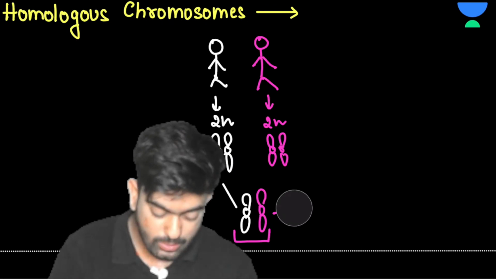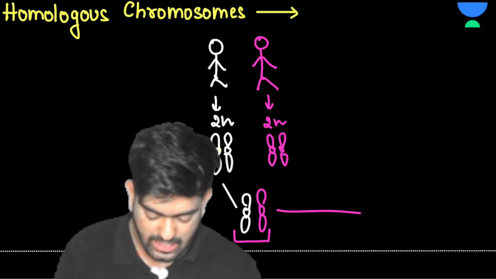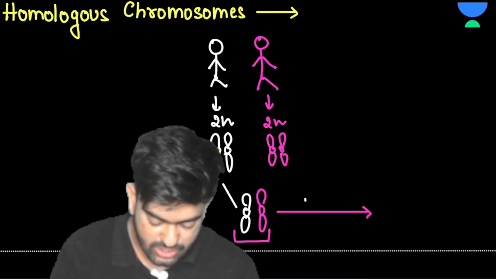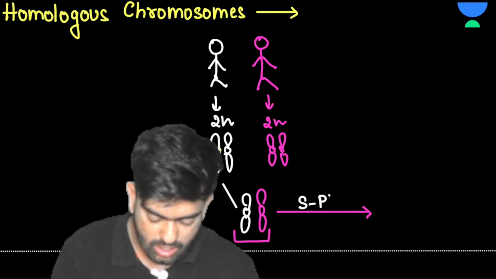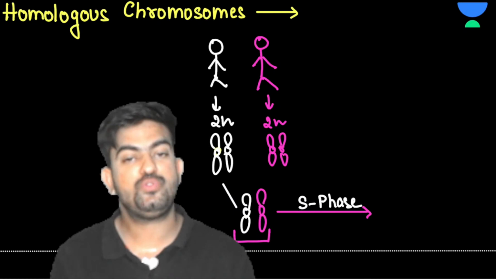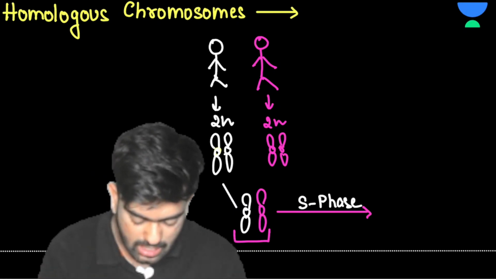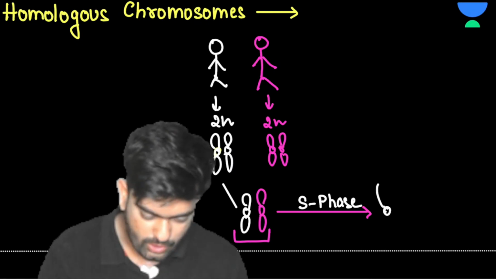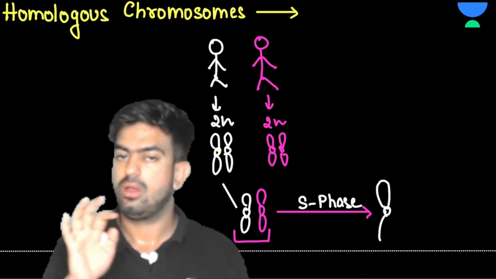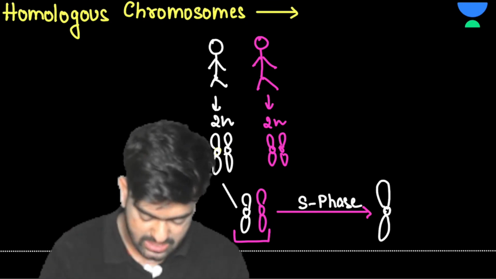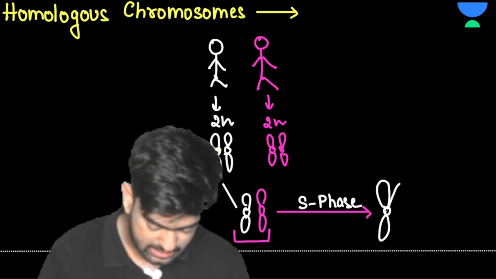Now let us move on and see this chromosome when it underwent S phase. What was happening in S phase? Duplication of DNA. So in S phase these chromosomes were getting duplicated. This was the normal chromosome, but when it entered the S phase, it became like this.